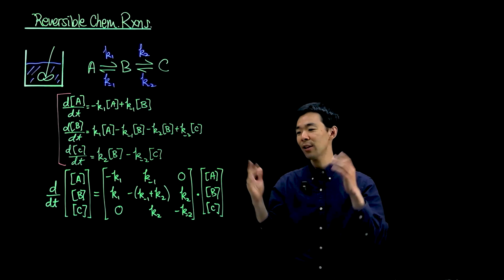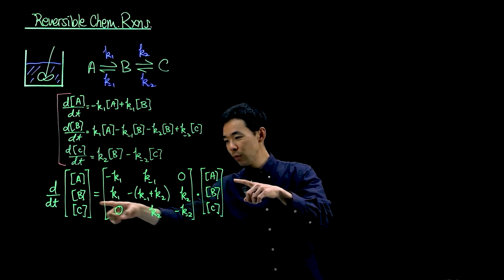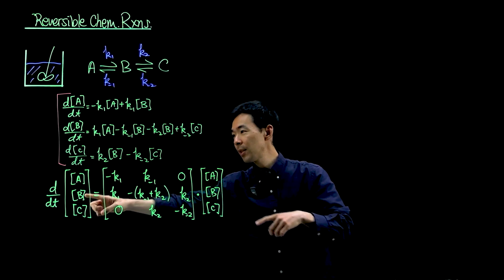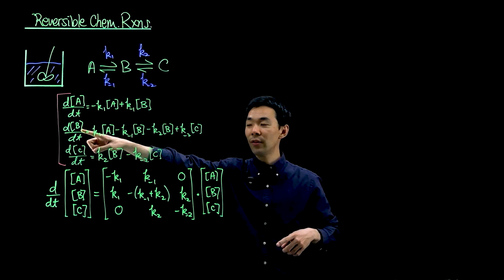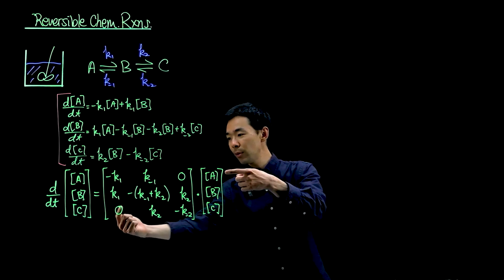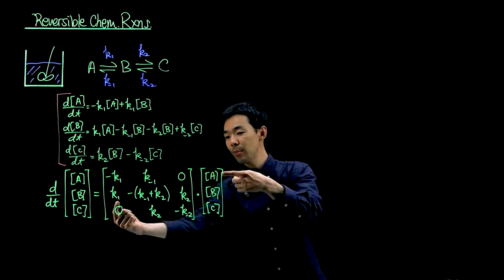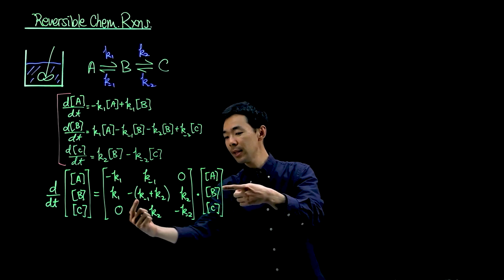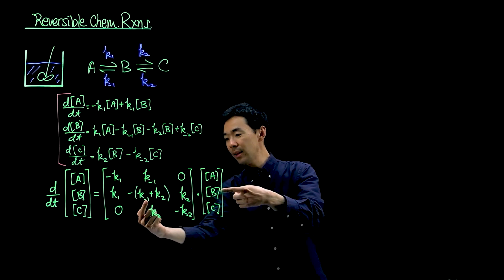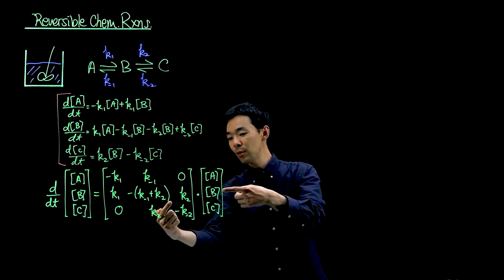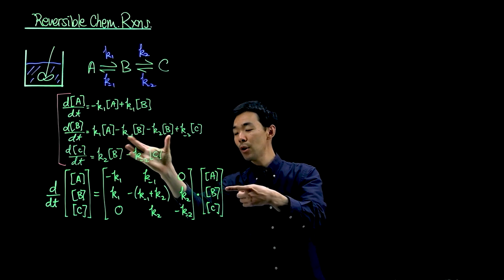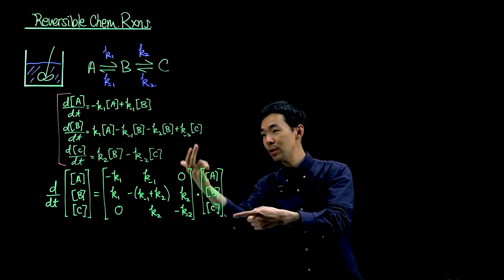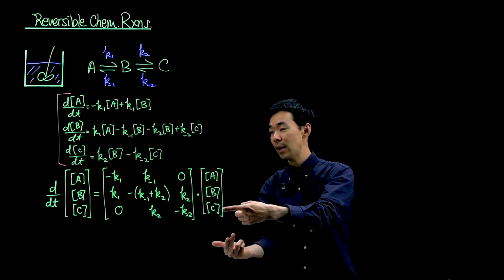So if you were to check, for example, let's do the second row. So this is d concentration of B, dt, should be equal to K1 times bracket A. There it is. Negative K minus 1 plus K2 times bracket B. That's these 2 terms. And lastly, we have K2 times bracket C right there.